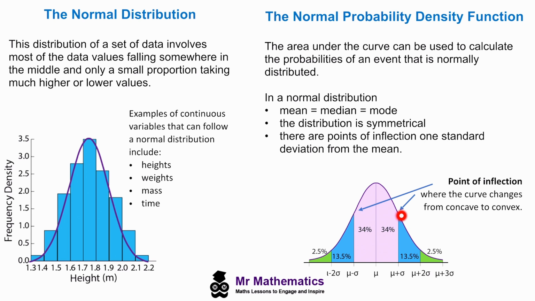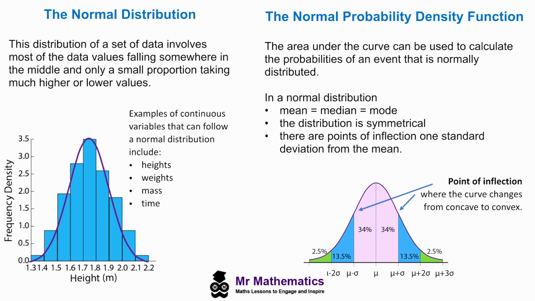You can see here, a point of inflection is where the curve changes from concave to convex. So at this point and at this point, you can see the curve is concave, and then as we move in this direction, the curve becomes convex.